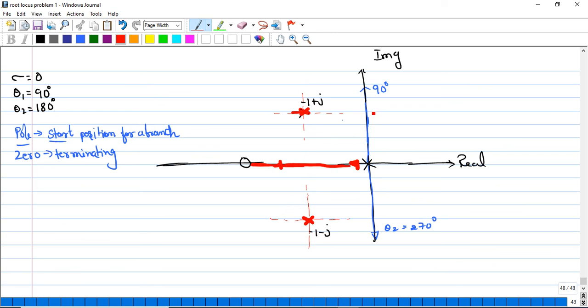See, we don't have any intersection with the negative imaginary axis, and the departure will be 0 degrees. Okay, and it will tend to infinity. Okay, two branches will tend to infinity. So if I want to mark, so 0 degrees, and how it will tend, and guidelines here.